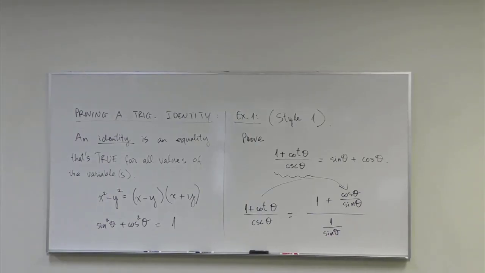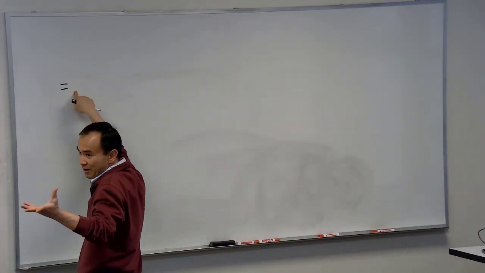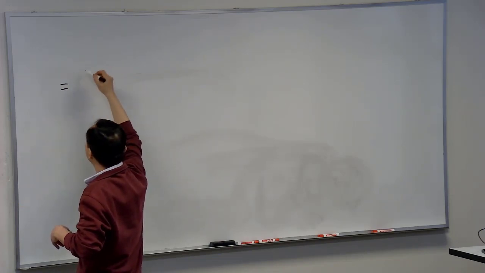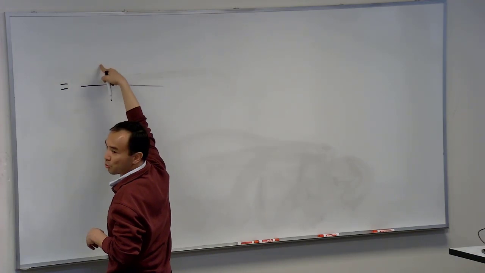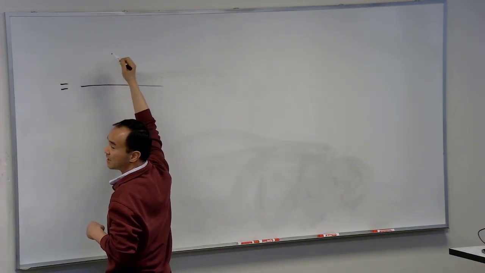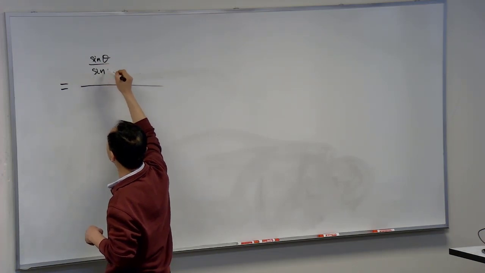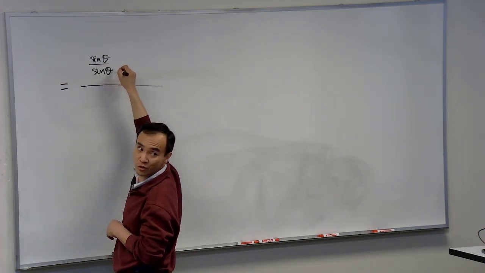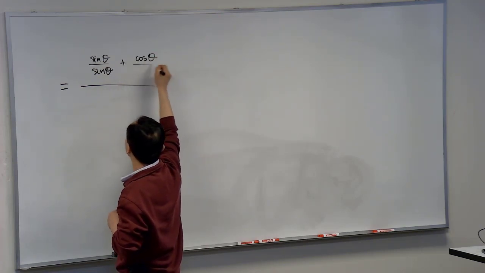So from that point, in the next step, it's still equal, because it's all valid. On the numerator, think about the 1 right there. We can make a common denominator, so we can make that sine of theta over sine of theta. That's what happened to the first term 1 in the numerator. And then we can rewrite the other term, cosine of theta over sine of theta.